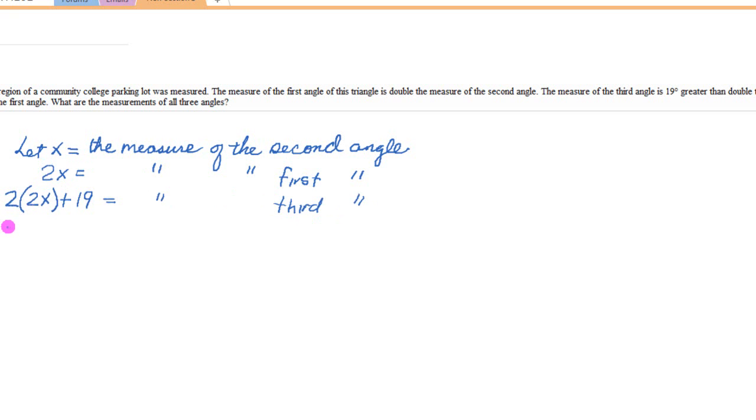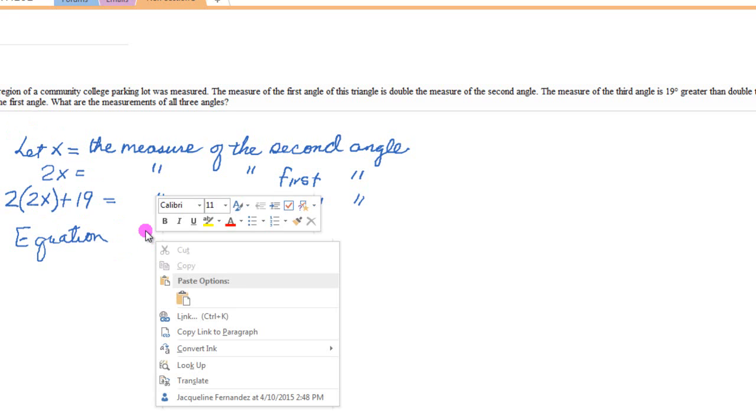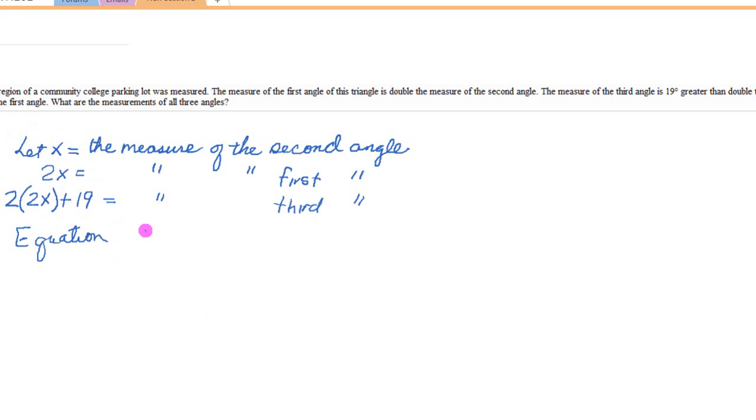Now what you need is an equation. So you've defined your variables, now you need your equation. And the equation is that these three angles are in a triangle. So you have to know that the sum of all three angles in a triangle adds up to 180 degrees. That's one of those really important properties in geometry.